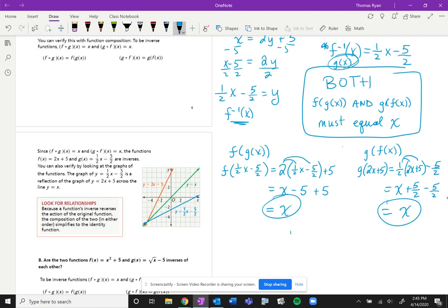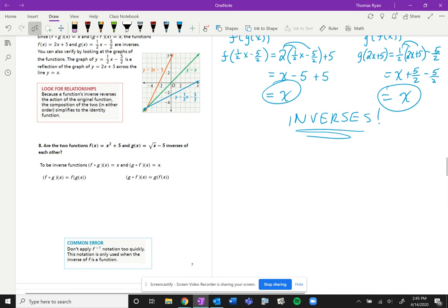So they are inverses because by this sheer fact that plugging the first function into the second and the second one into the first both equal x. Okay, now if we go down to example B here, we're going to see a case where, spoiler alert, they're not inverses.